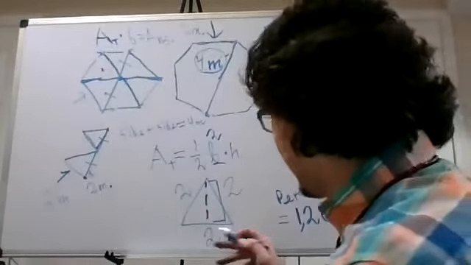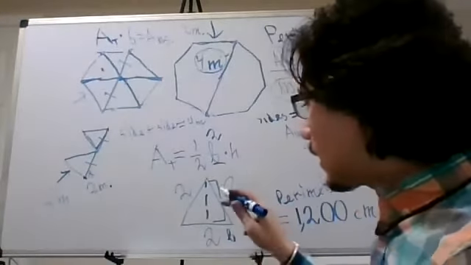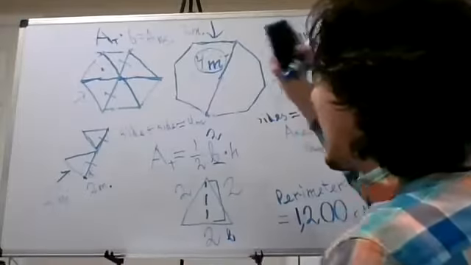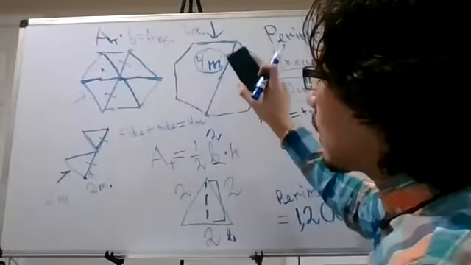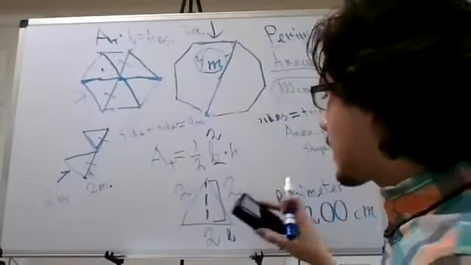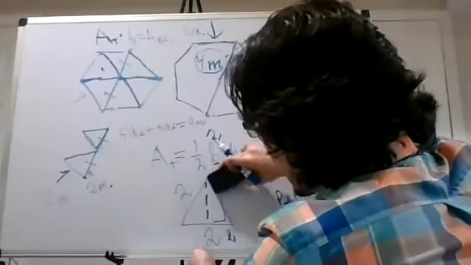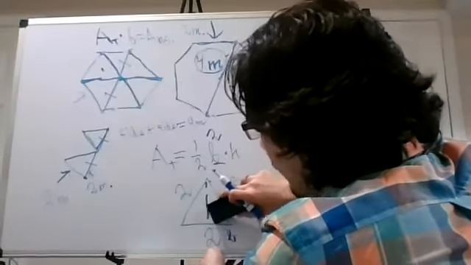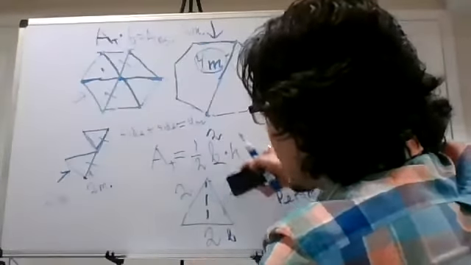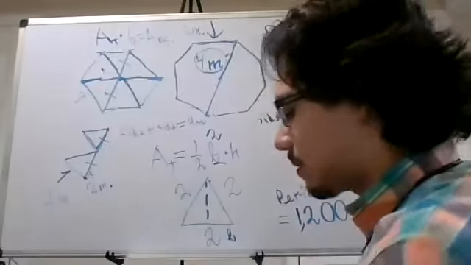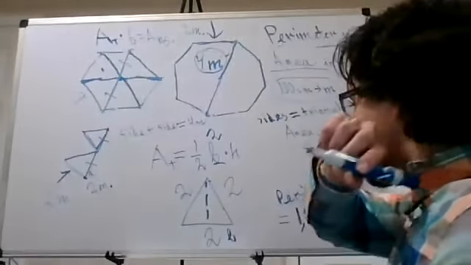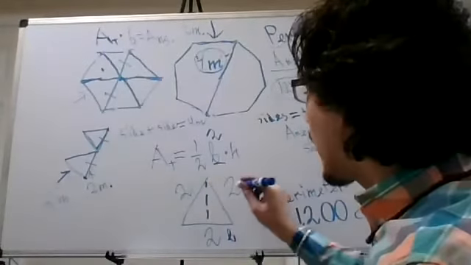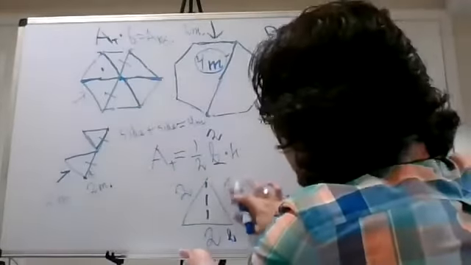Now, as the problem is, with what class you guys are in, I do not believe you would be able to find the height by yourself because that is a trigonometry problem. But what I can tell you is that I will actually give you the height.